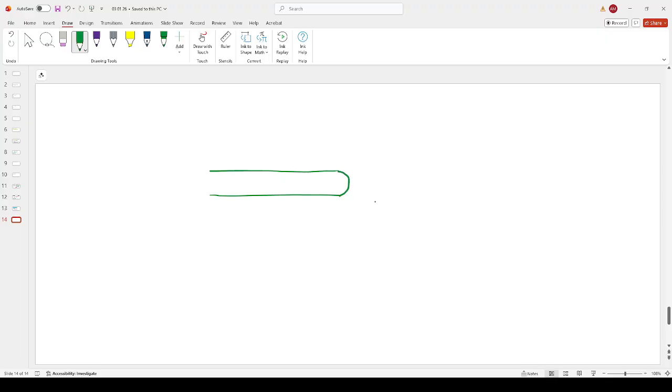Are you guys ready? I want you to tell me, do you think this is a root or a shoot?